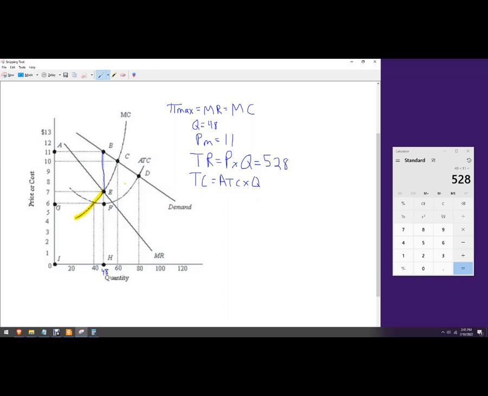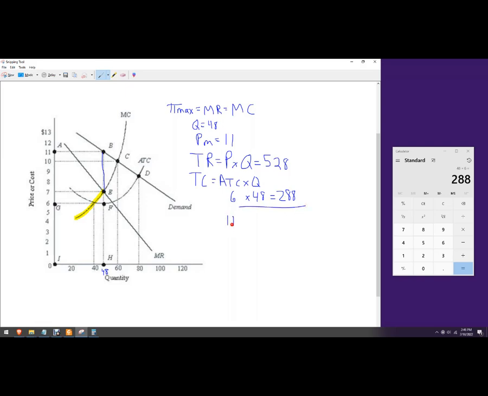We're going to produce 48 units, and on average it's going to cost us 6 to produce each. So 48 times 6. Am I supposed to know what that is in my head? No. That's 288. So 288 is the total cost.